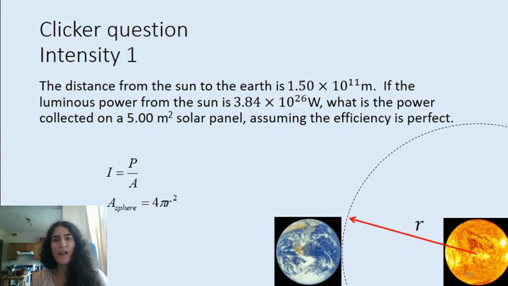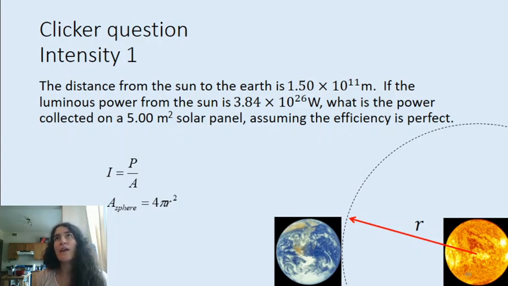Really interesting problem. So we actually want to solve this equation. Intensity is power per area. We want to solve it for power. So power is going to be intensity times area. But the question here is, what area do we need and where do we use it, right? Because I could think of two areas being relevant. One would be this 5 square meters, so the area of the solar panel.